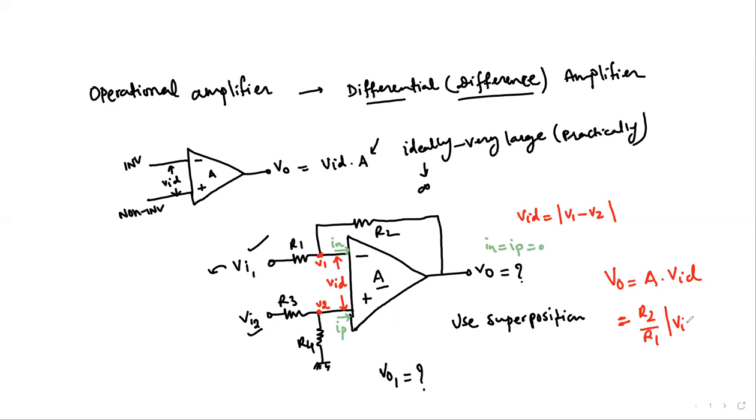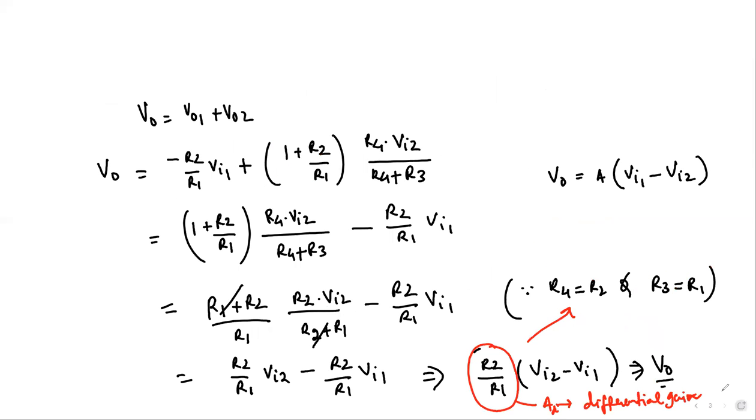This is VI2 minus VI1. And that is your output. So that's all for this module.